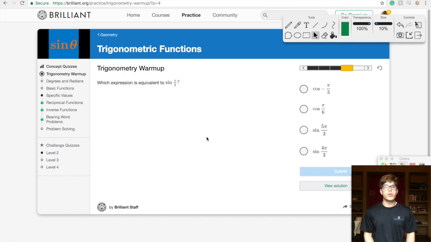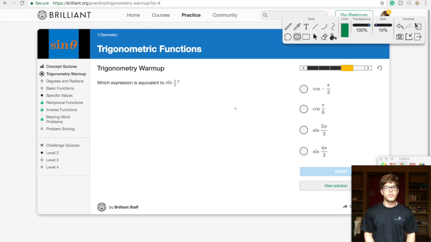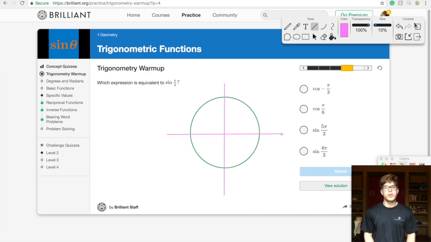Which expression is equivalent to sine pi over 3? Well, okay, let's think about this. Let's draw our unit circle. What is pi over 3? Whenever solving trigonometric problems, you often have to convert between radians and degrees, depending on whatever the problem's asking for.